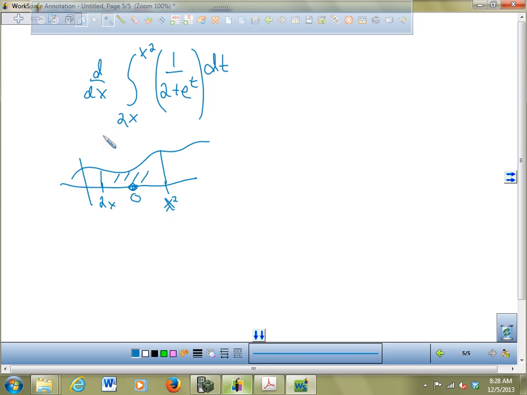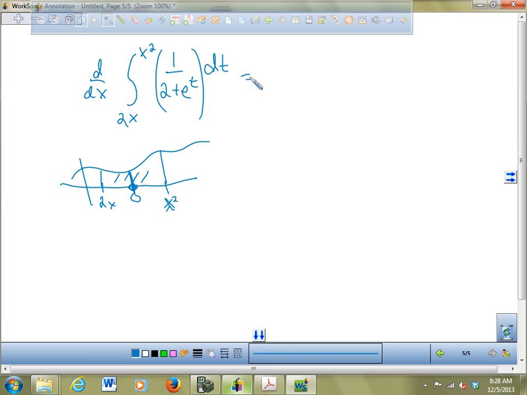How do you know x squared is after 2x? Because in this case, this is always positive, right? Can I plug any number in there? I can plug in any number. It could be negative, it could be positive. But to make my life easy, I'm going to break this off at 0.